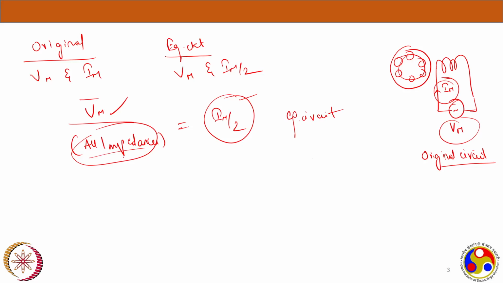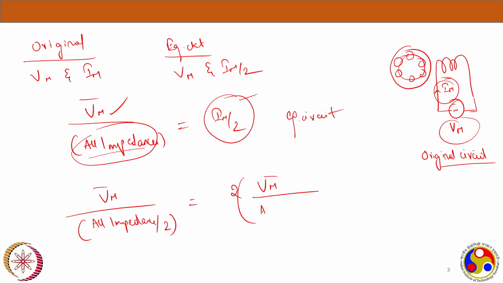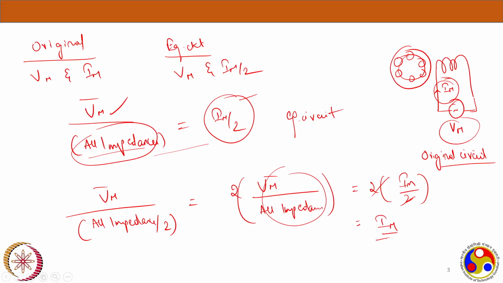So Vm divided by all impedances over 2, so the 2 will come at the top: Vm by all impedances. What is this factor? Vm by impedances is Im by 2, so 2 times Im by 2. So we arrive at the actual current which is supposed to flow, that is, Im should be the current drawn from the supply. Now it will be the same as the original circuit.